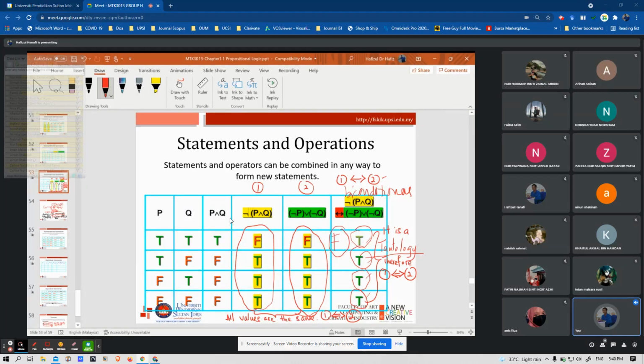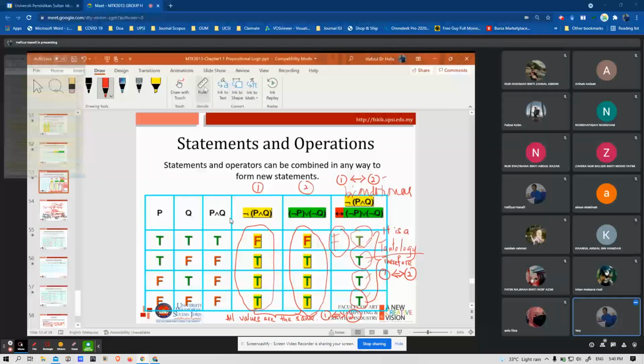With only one row false, you can name it a contingency. If it is true in at least one row and false in at least one row, it is a contingency.